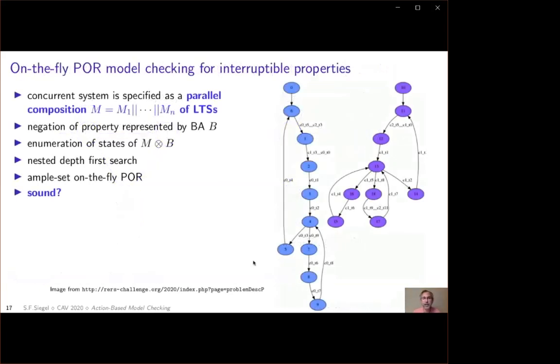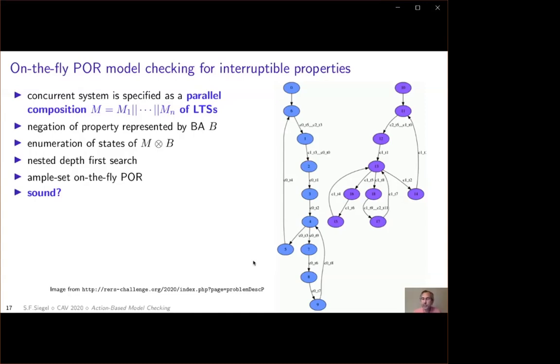Finally, we describe an on-the-fly model checking algorithm for interruptible properties. The algorithm accepts a concurrent system specified as a parallel composition of labeled transition systems and a Buchi automaton representing the negation of the property you want to check. The states of the synchronous product are enumerated explicitly.